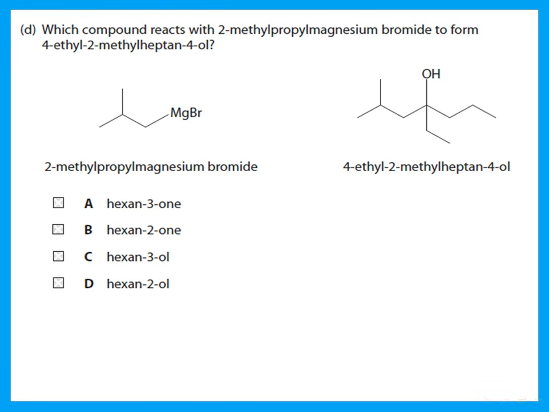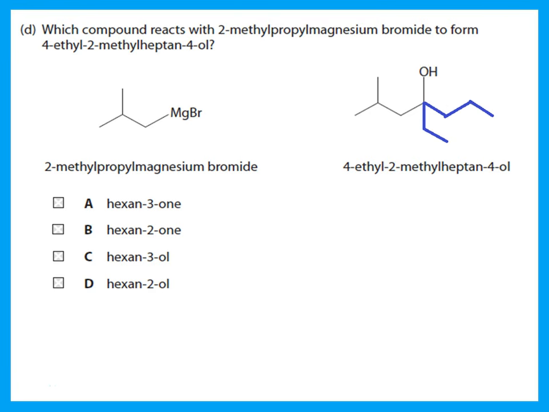Which compound reacts with 2-methyl propyl magnesium bromide to form 4-ethyl 2-methyl heptan-4-ol? So it gives me the compound I'm trying to prepare using this Grignard reagent. Looking at it, you should realize that this is the new part that I am adding to the Grignard reagent.